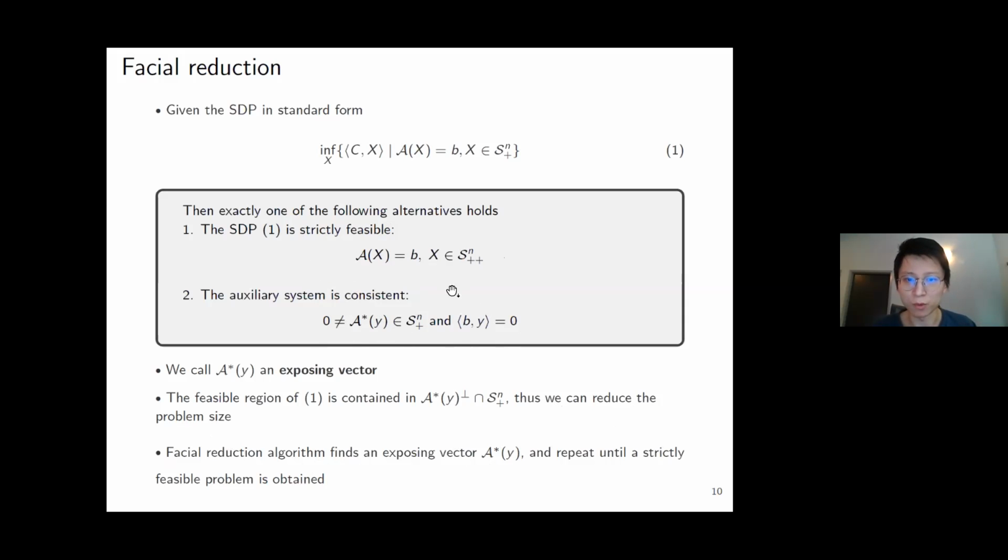If we could find one, then we have reduced the problem size to obtain a new formulation. And we can repeat. Since the problem size is finite, the algorithm is eventually going to stop at a certain stage. And at that time, we must have a strictly feasible formulation. So this is how feature reduction works.